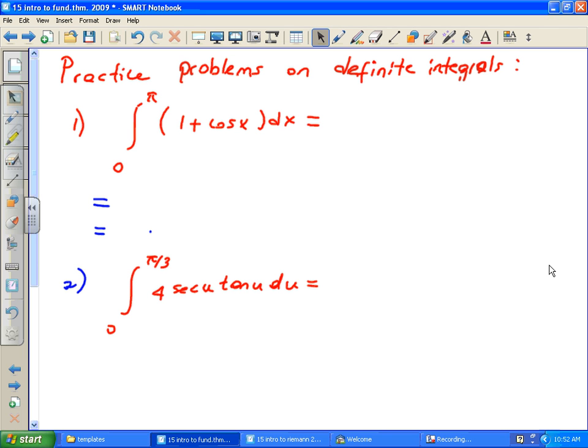So the first one is asking, what is the integral of 1 plus cosine x dx from 0 to pi?